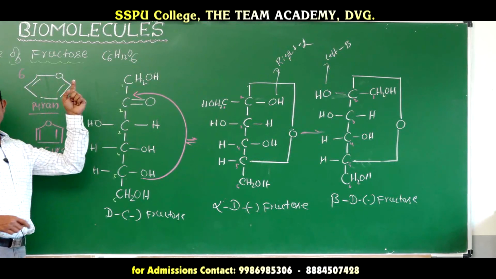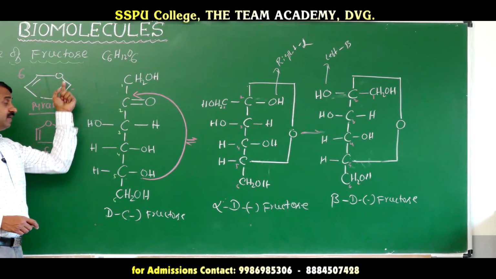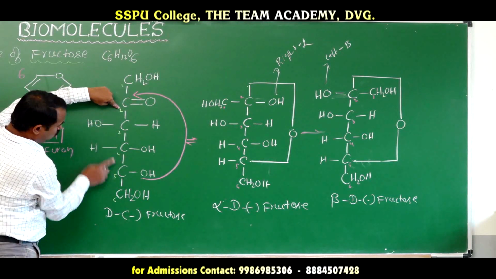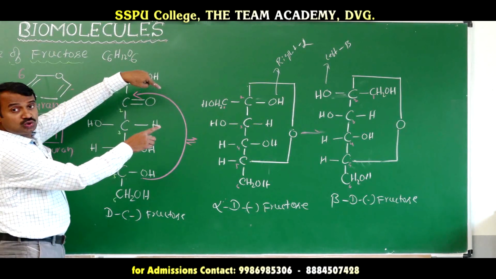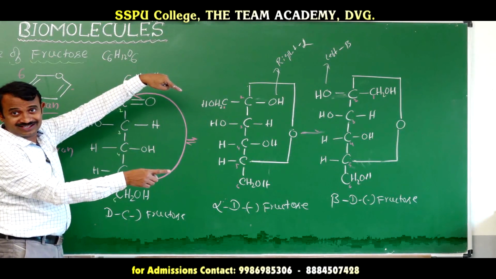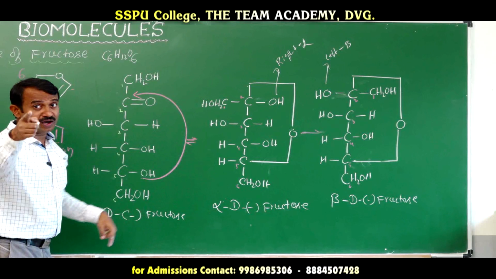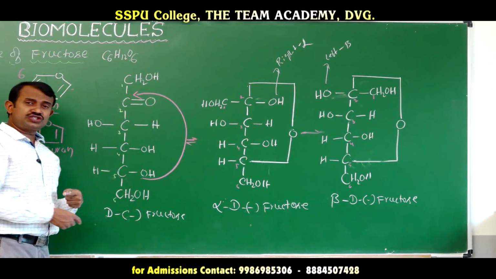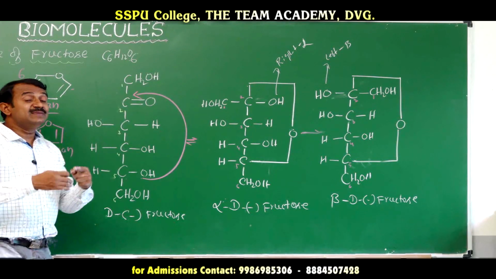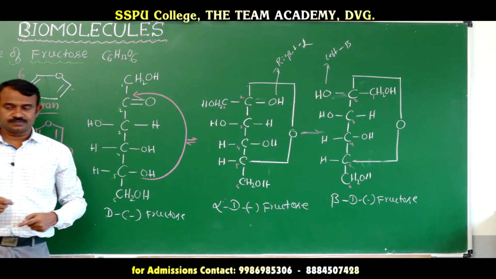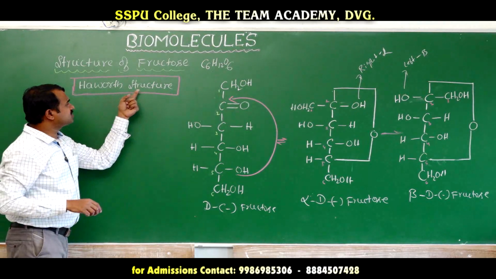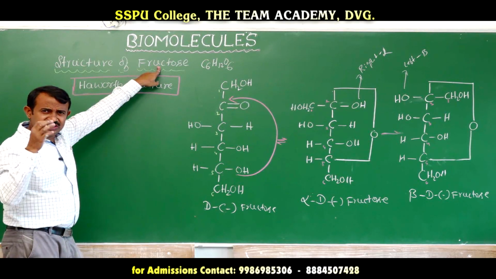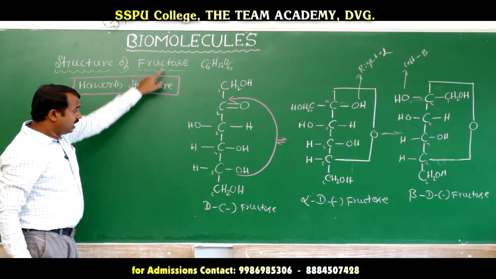Here the C1 carbon is attached to C5, here C2 carbon is attached to, listen here, the cyclic compound C2 to C5. This is the structure. Next we will go for our structure of alpha fructose and beta fructose, similar to glucose. Our structure of fructose means it is a 5-member ring.